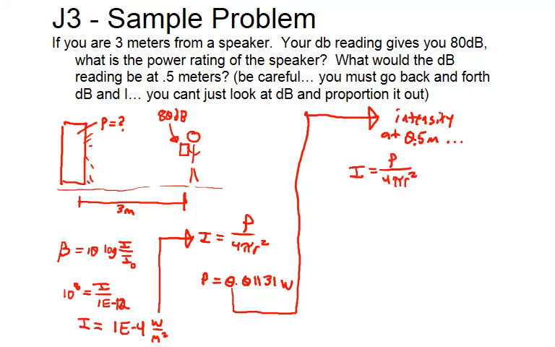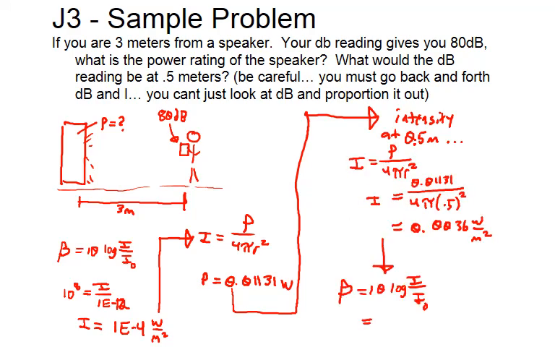All right, so there, we should get an intensity of 0.0036. Now we can calculate the decibel reading. When we place this back into the formula and solve for the decibel reading, we'll get 95.56.